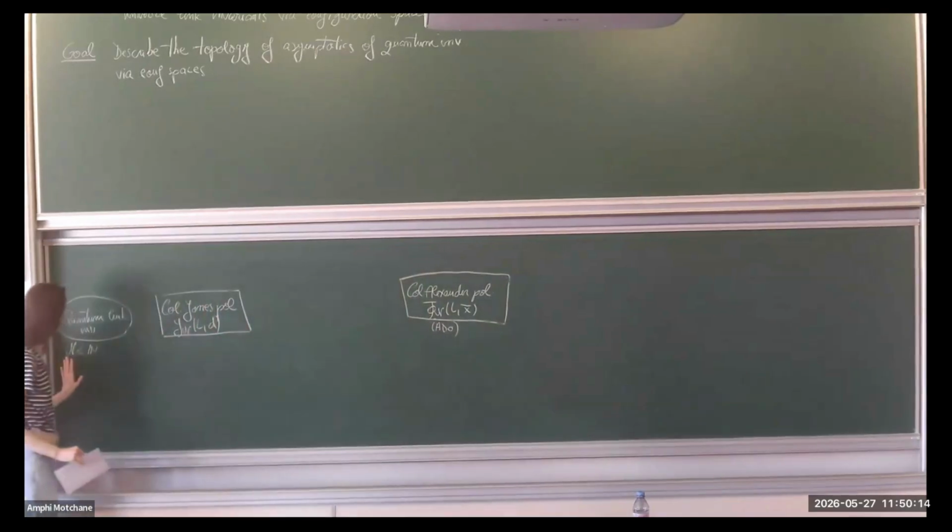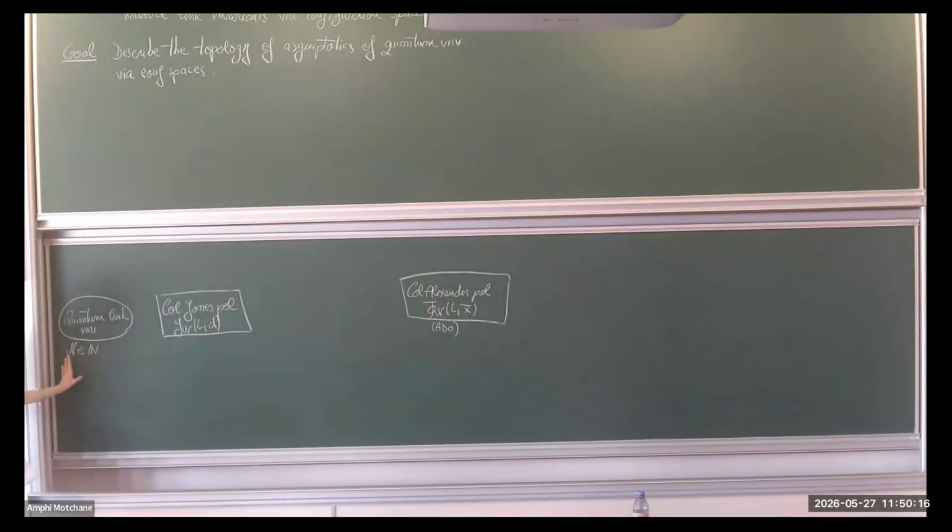So this is at the level of link invariants, and the way that they originally were defined comes from representation theory.